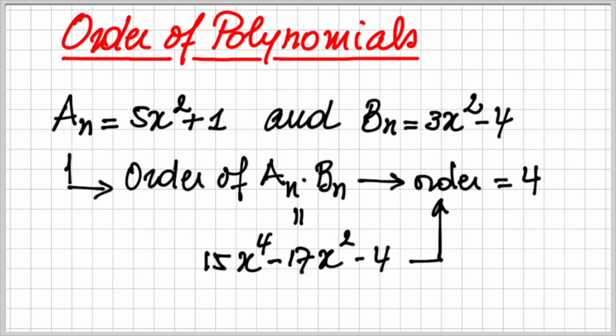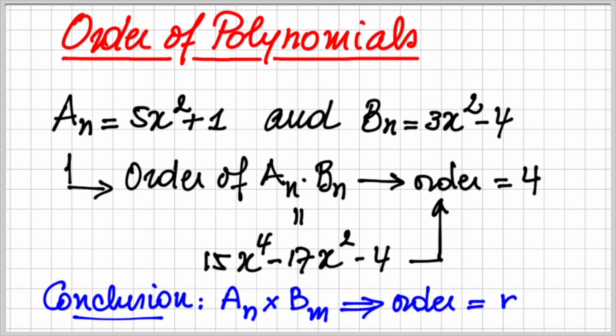So the multiplication of two polynomials gives us the sum of the orders of the two polynomials. In our case, an had order 2, bn also has order 2, so the sum of the two orders is 4. In the more general case, if we have a polynomial of order n multiplied with a polynomial of order m, then the new order is equal to n plus m.